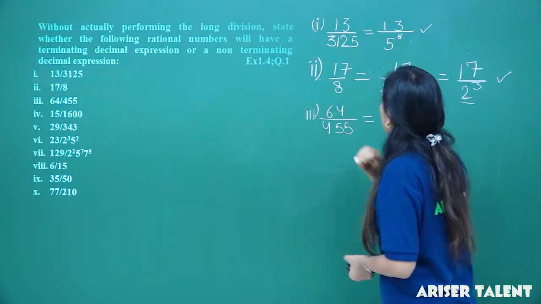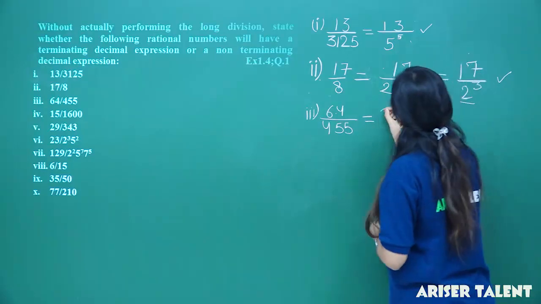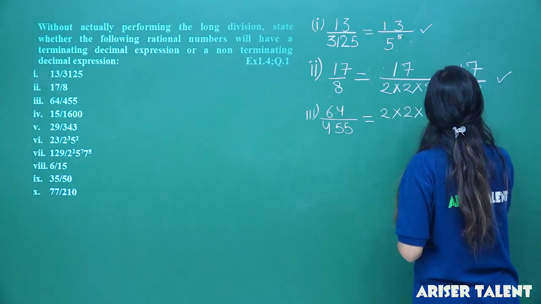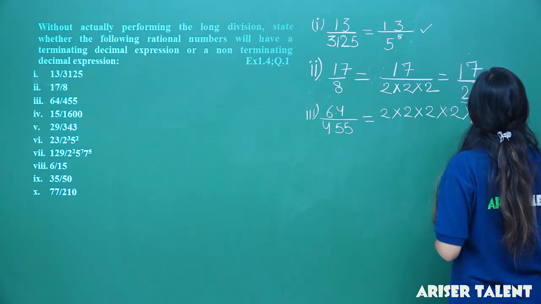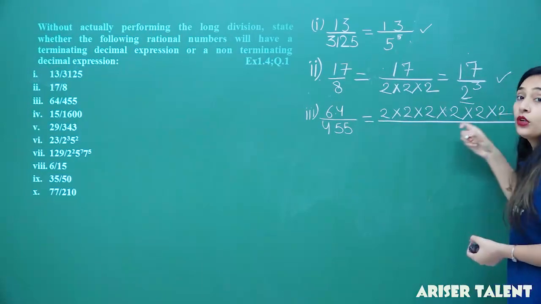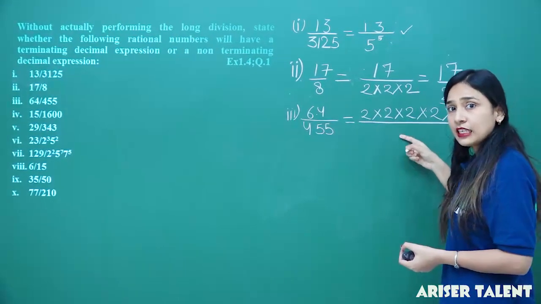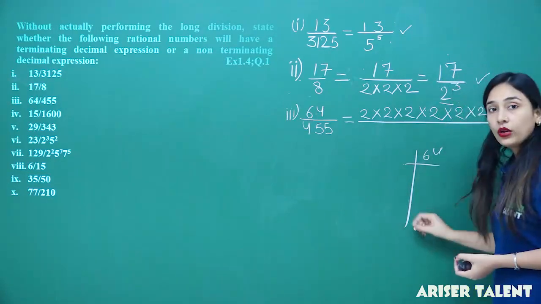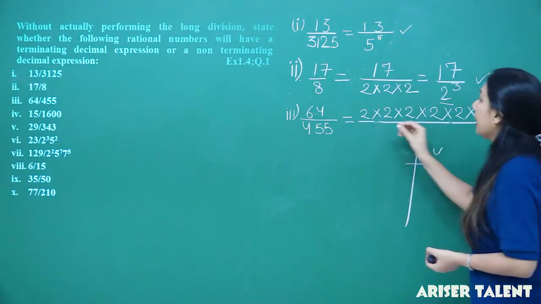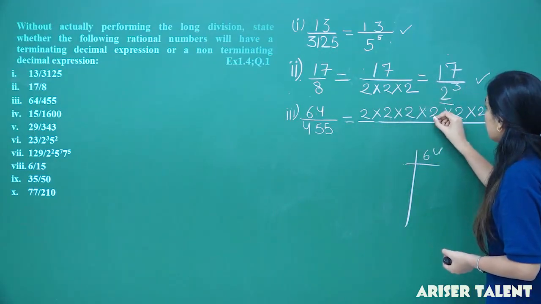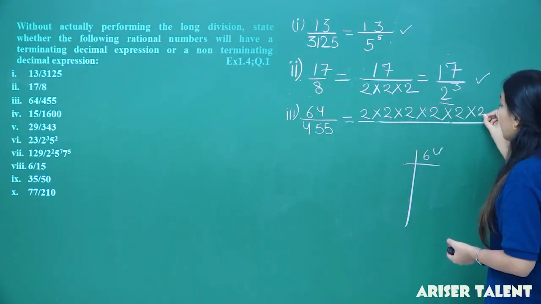Now the third one, 64 divided by 455. Now 64 can be written as 2 times 2 times 2 times 2 times 2 times 2, using repeated division by 2: 64, 32, 16, 8, 4, 2.